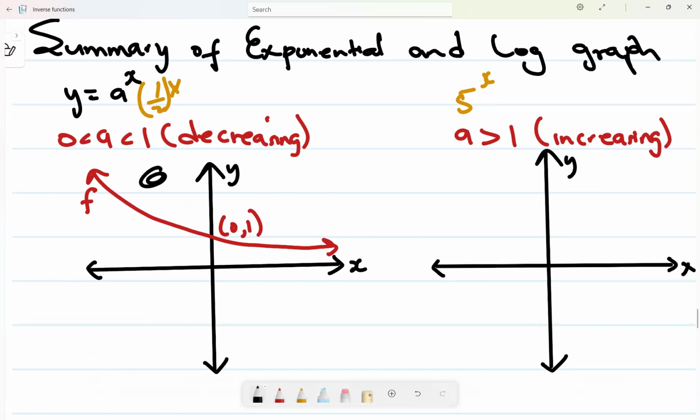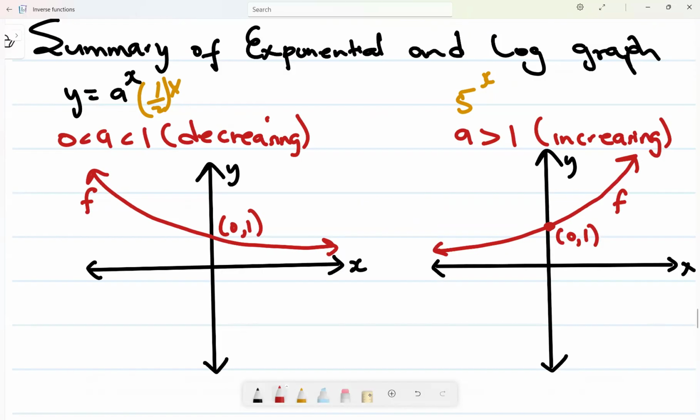This one was decreasing from left to right, so this one from left to right should be increasing, like that. Remember this point is always (0, 1). So this is also f, but when a is greater than 1.